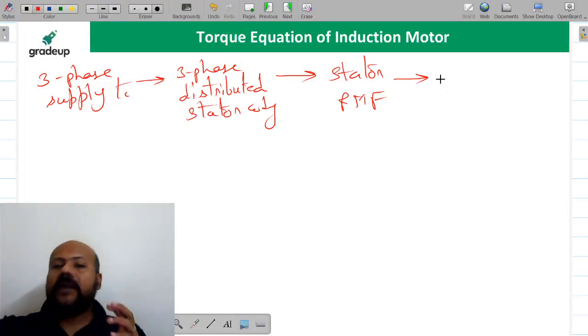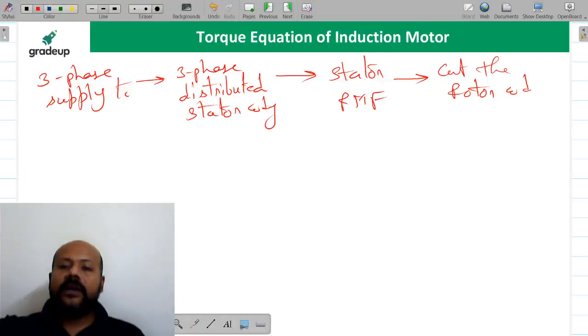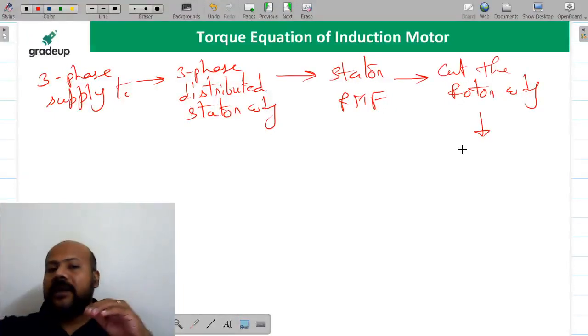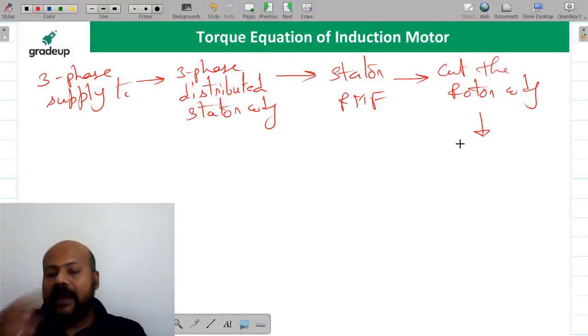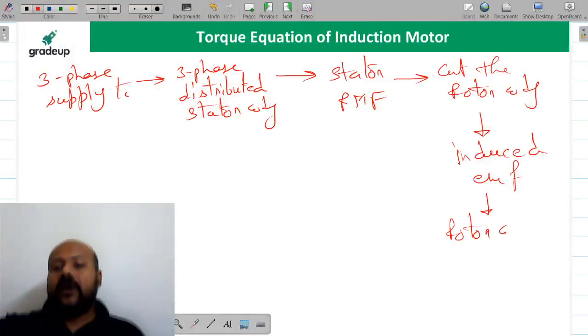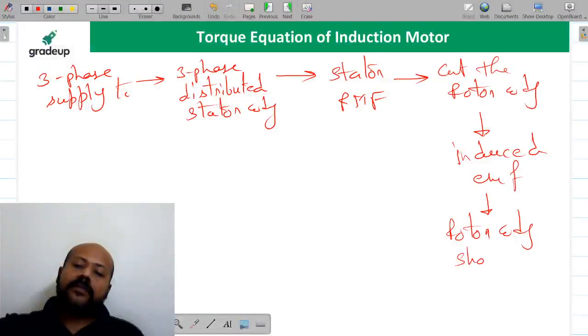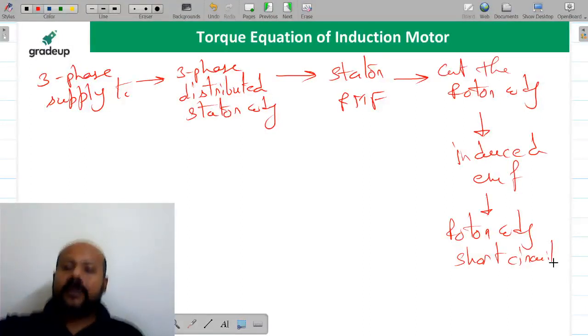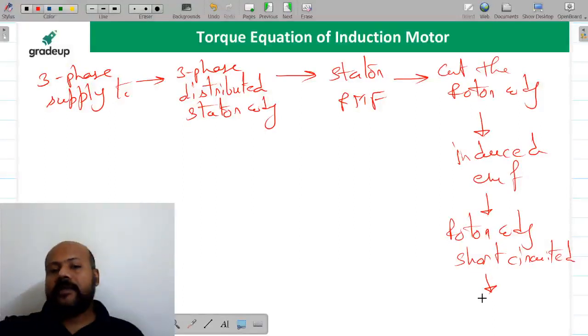Now this rotating magnetic field is going to link, or cut, the rotor windings. Now these rotor windings, if they are linking with a time varying flux or field, then definitely there is going to be an induced EMF. Now because your rotor windings are always short circuited, then what is going to happen?